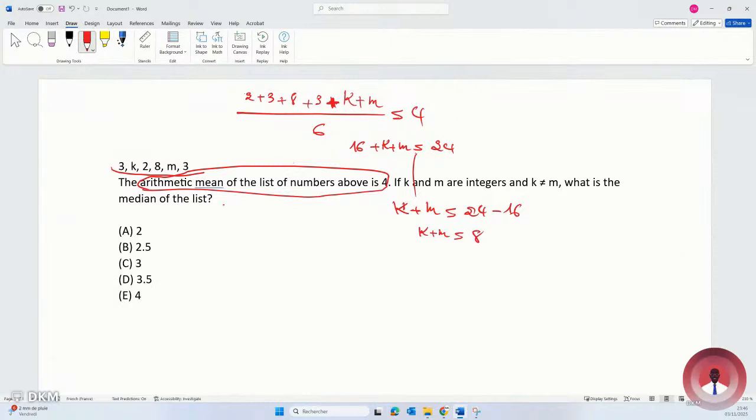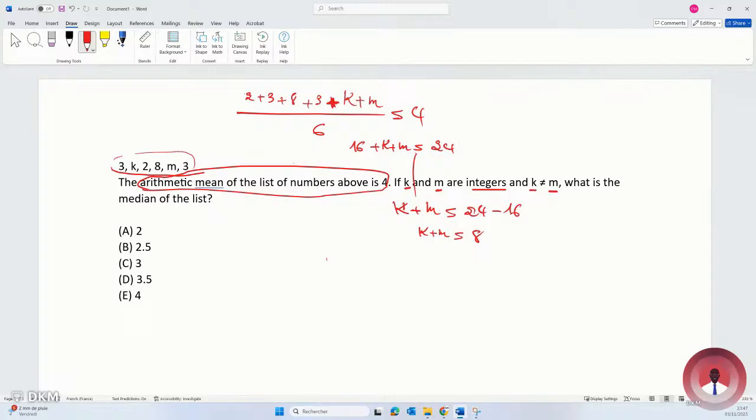And remember, it says k and m are integers, and k is different from m. What is the median? In order to find the median, first of all, we have to rearrange these elements from the lowest to the highest.